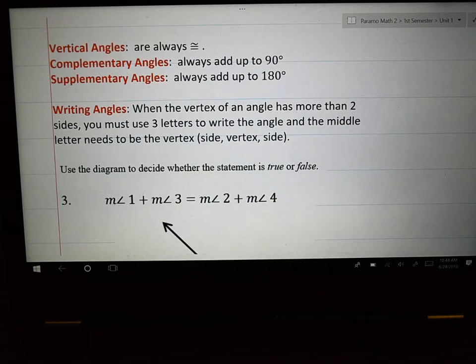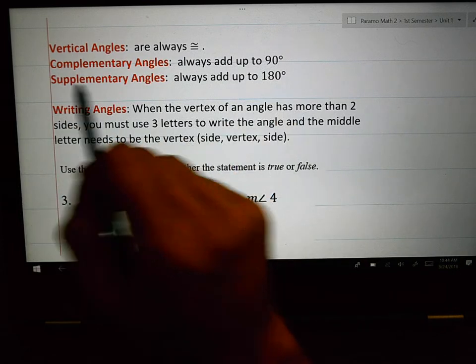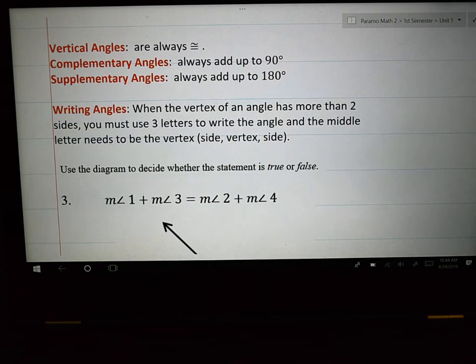So every single problem that we have on worksheet 1 will either be a vertical angle, a complementary angle, a supplementary angle, or something along those lines to where you're going to have to solve and figure out what it is.